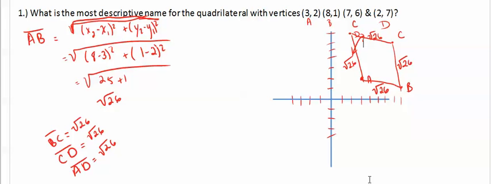And to be a rectangle, if we look at 255, number 1, it states that a parallelogram contains at least one right angle. We can define a right angle with perpendicular lines. So we'll calculate the slope of AD, and then the slope of AB, to figure out if those angles are perpendicular.